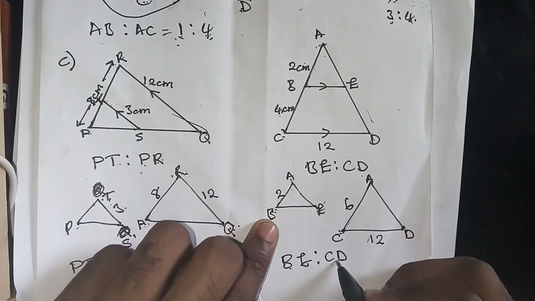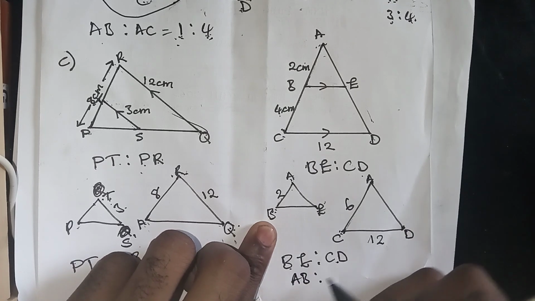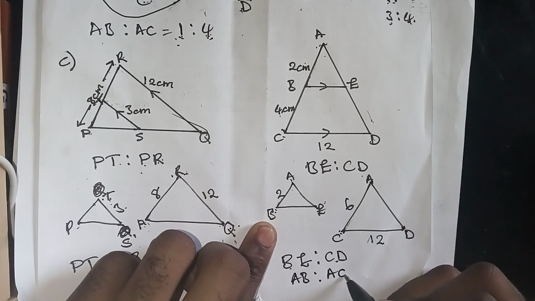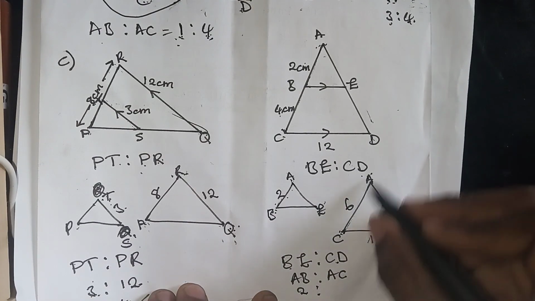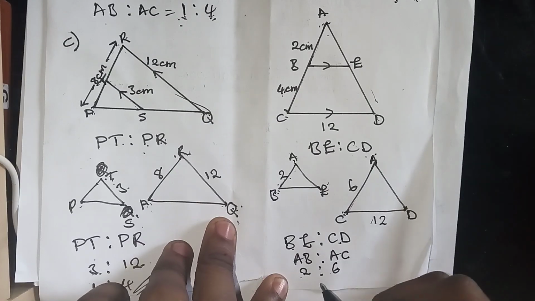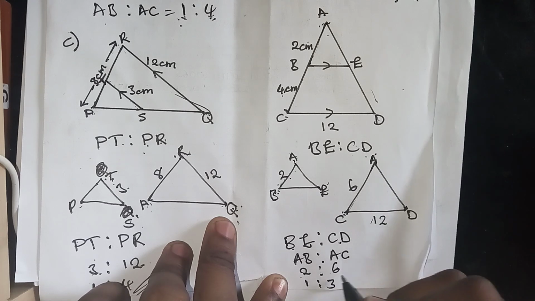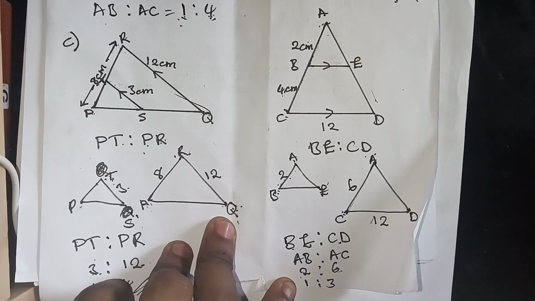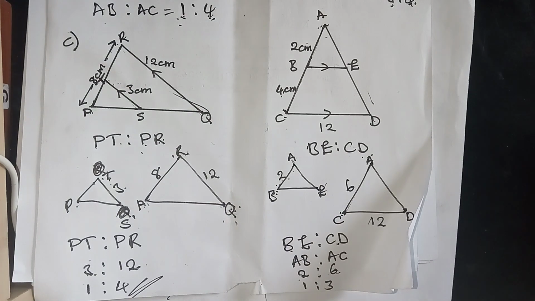So this ratio is the same as the ratio of AB to AC. And then AB is 2 centimeters, AC is 6 centimeters. When you reduce this, you have 1 to 3. This is after dividing through by 2. So this is how you solve such kinds of problems.